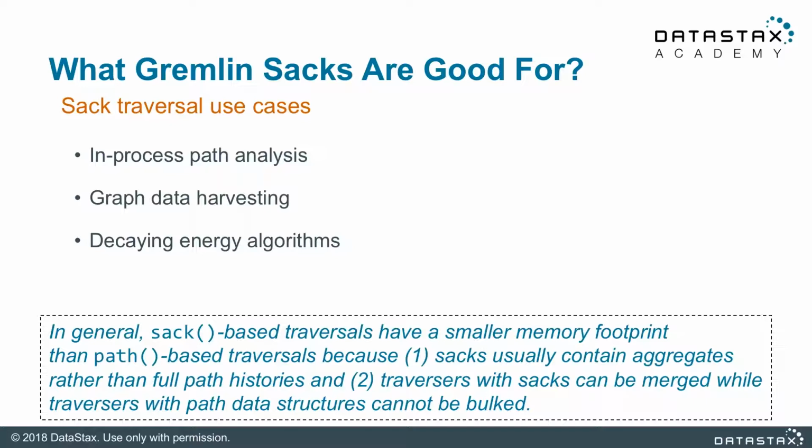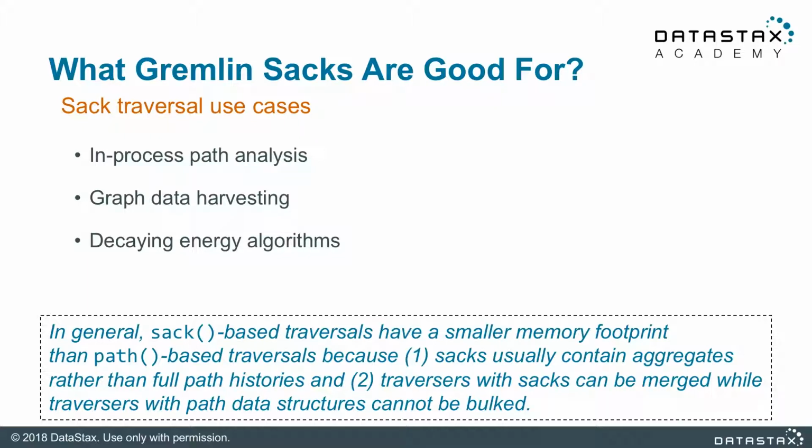Unless you happen to be a handbag aficionado, why would you want to give your Gremlin a sack? Well, for starters, sacks are really useful in collecting path information or computing decaying energy algorithms throughout your graph structure. Also, in general, sack-based traversals have a smaller memory footprint than path-based traversals for 2 reasons. First, sacks usually contain values like the path distance rather than the full path history.